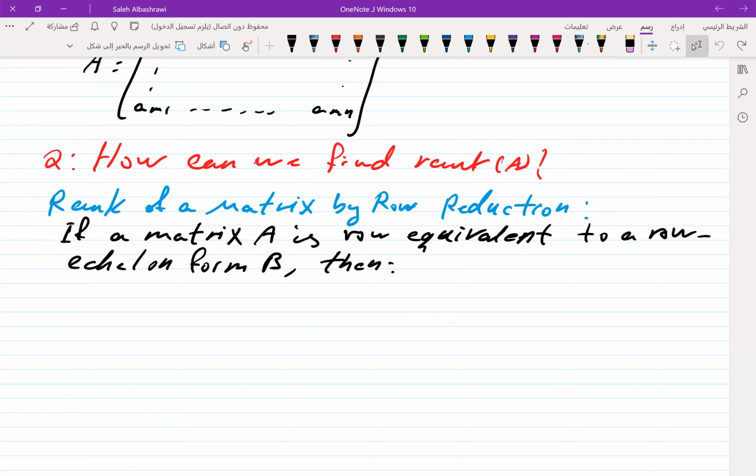Row equivalent means that if we do some row operation on the matrix A, the resulting matrix B, we call it row equivalent to A.